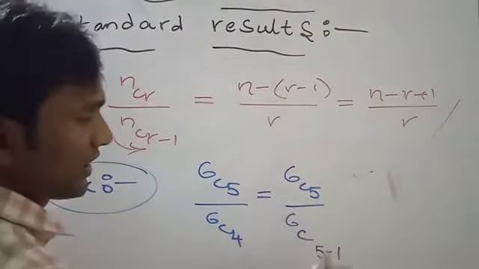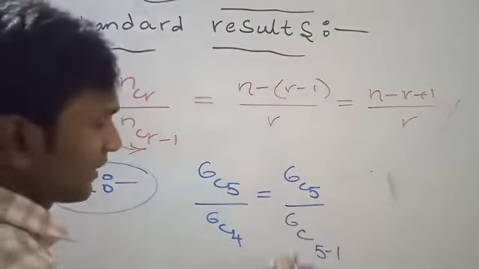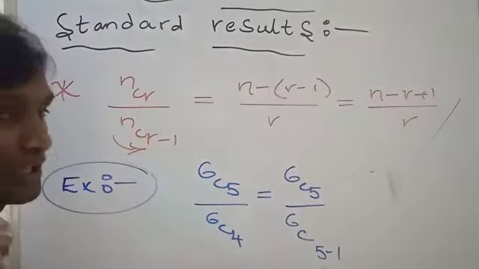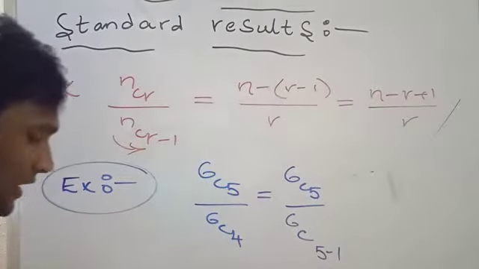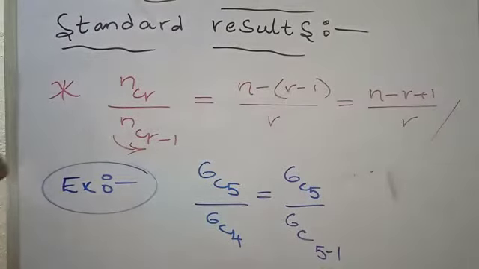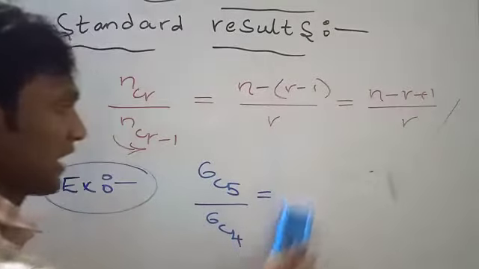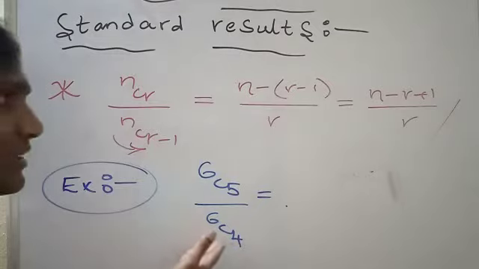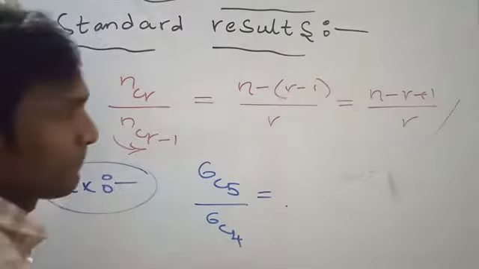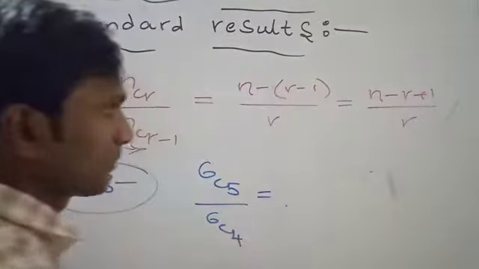Now this expression is in the form of nCr divided by nC(r-1). Wherever the expression is in this form, to get its value there is a standard formula: (n minus r plus 1) by r.